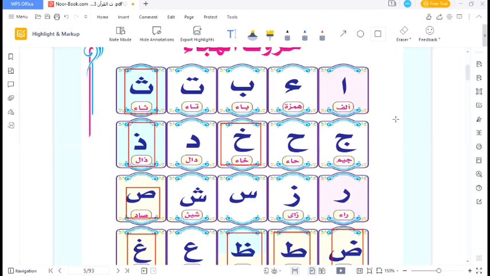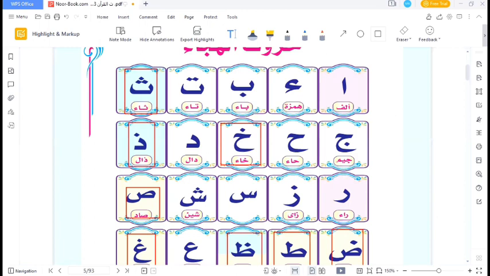First of all, the name of this lesson is Huruf al-Hija, meaning the Arabic alphabet. And how many letters? We have 28. Then we have 3 of them that we have to say by using the tip of the tongue and the upper teeth, or the top teeth.